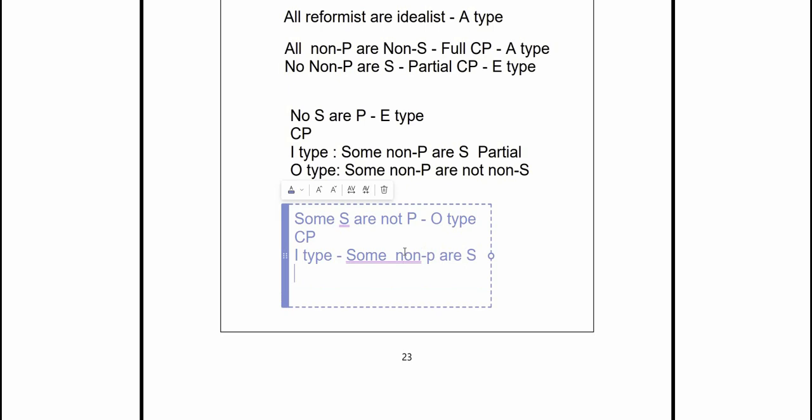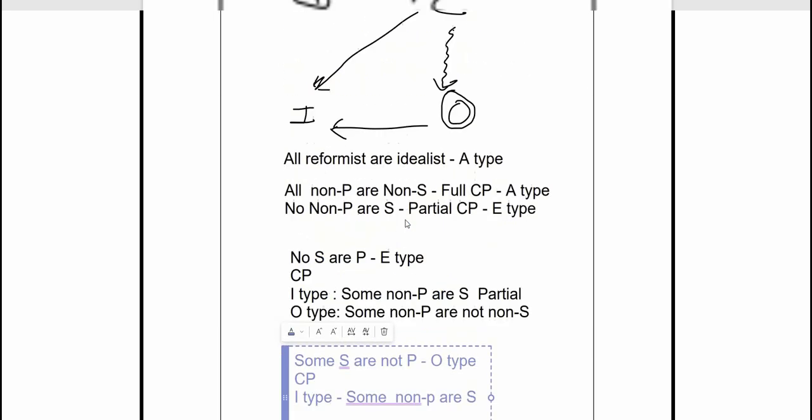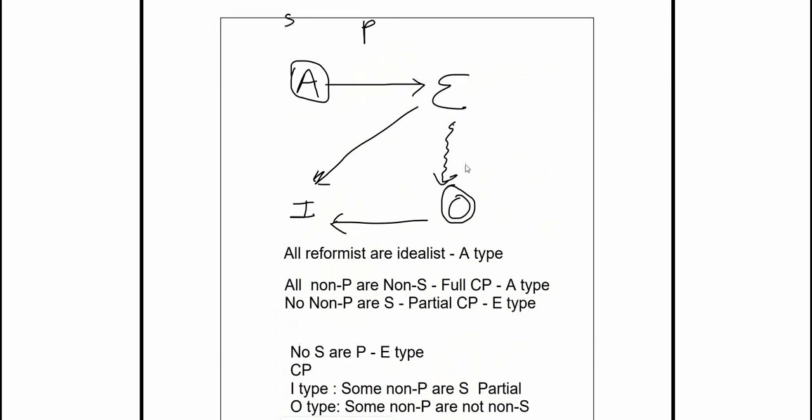We also have to convert the O to its full contrapositive. The O full contrapositive remains in O only. This is why we have shown it by the circle: A remains in A, O remains in O. So we write it down immediately: some are not.